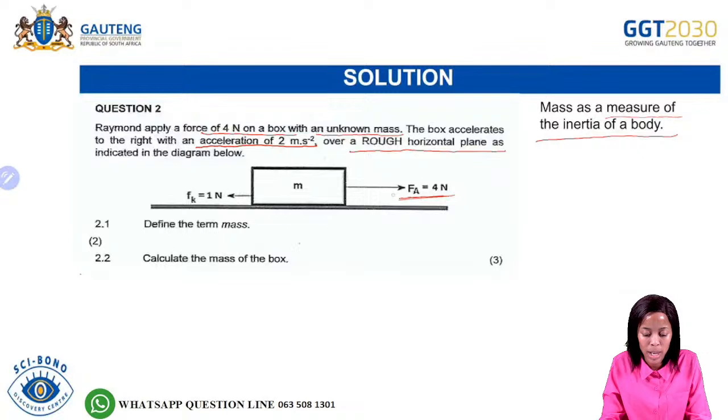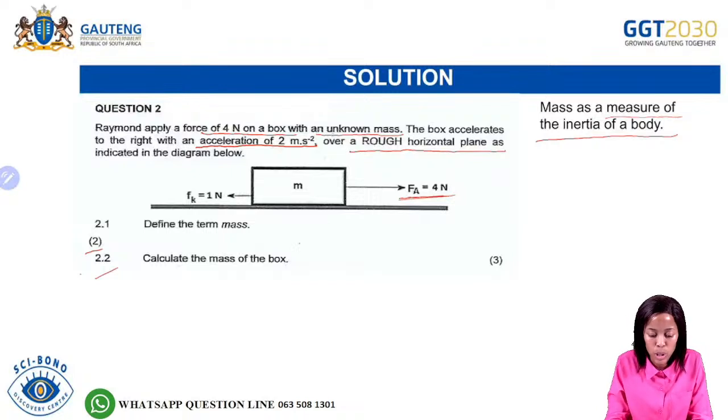As you can see, the mark allocation is going to be 2 or nothing. So you need to make sure that you know the definition.